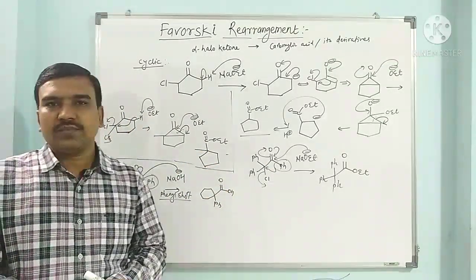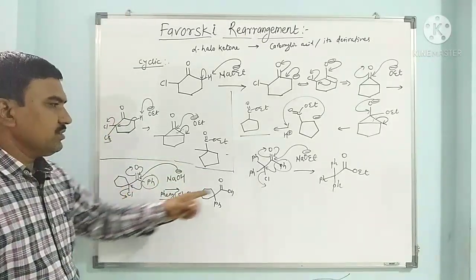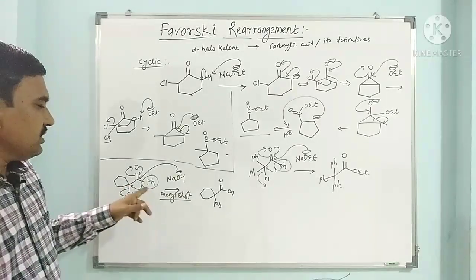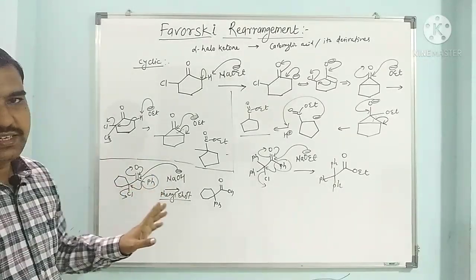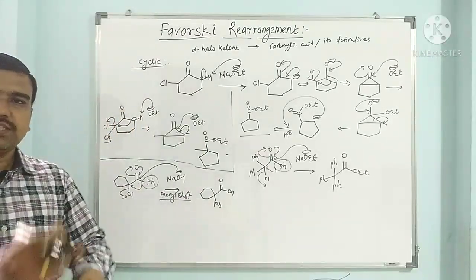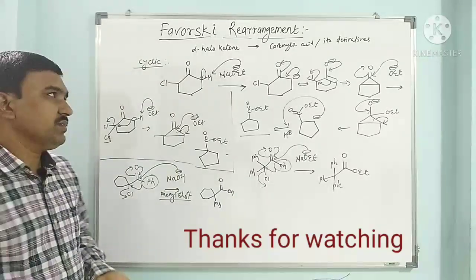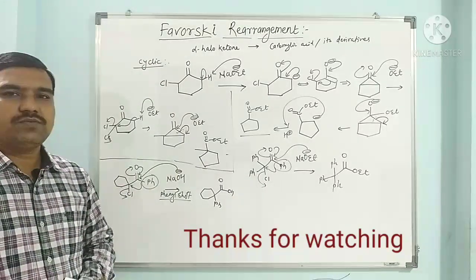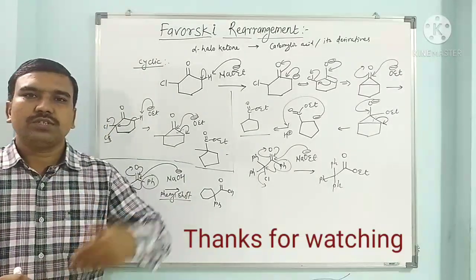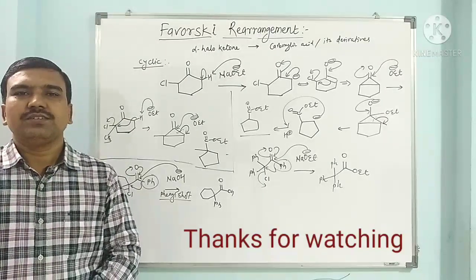But if no alpha hydrogen is available, the rearrangement takes place in which phenyl groups migrate to the carbon bearing the halogen, the leaving group, and the leaving group departs with the electron pair. In this way we have seen the Favorsky rearrangement with different examples. It is a simple rearrangement in which an alpha haloketone is converted to a carboxylic acid or its derivatives. Thank you.